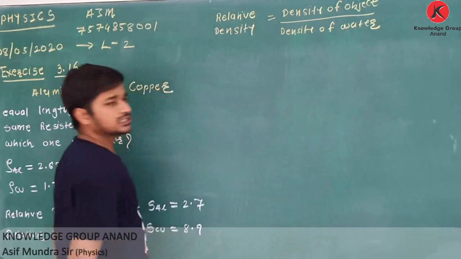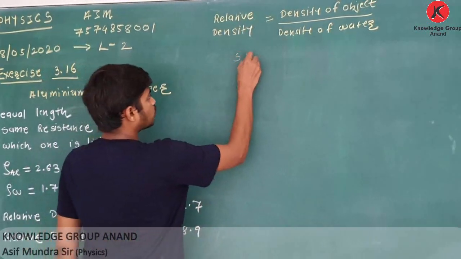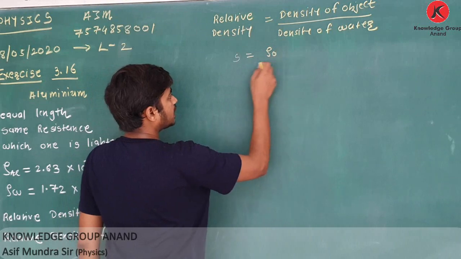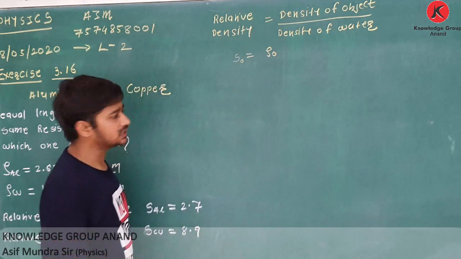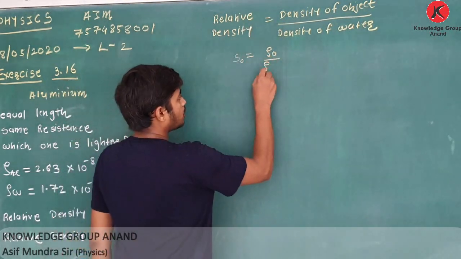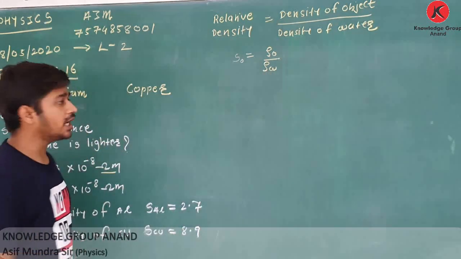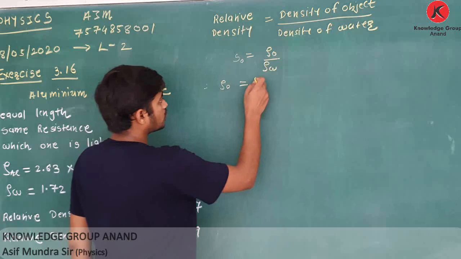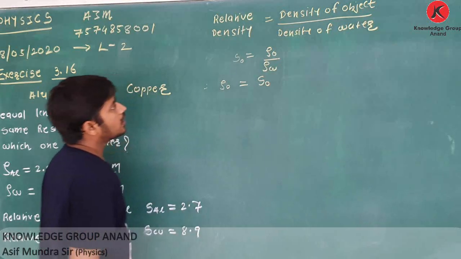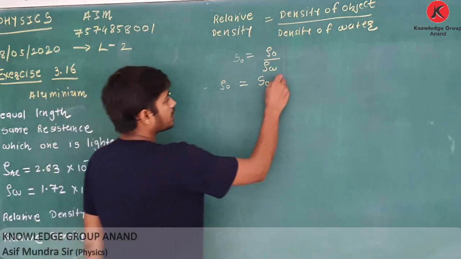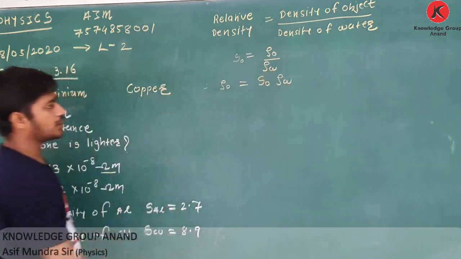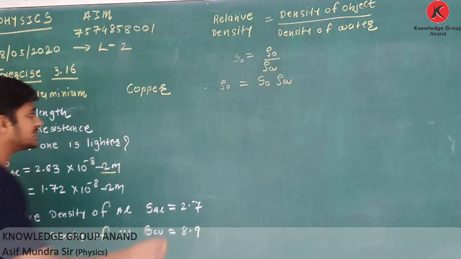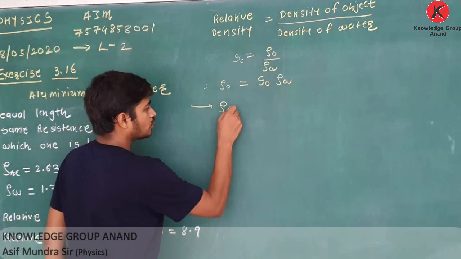So I can write this equation as S is equal to density of object upon density of water. Clear? So therefore, density of object is equal to relative density of object into density of water. Clear about this? Then what is the density of aluminium?